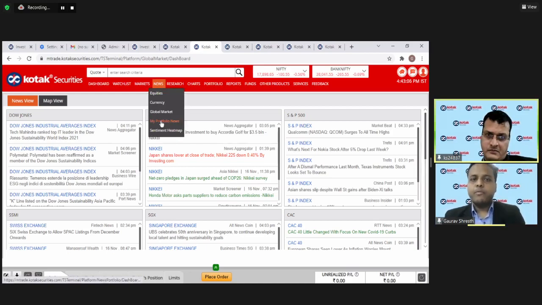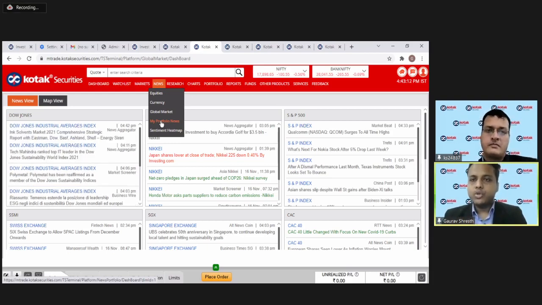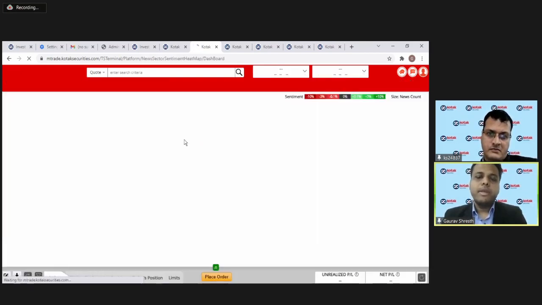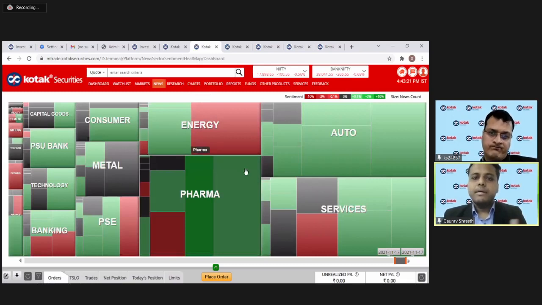Under the My Portfolio news, any news for a stock which is there in your portfolio will show up. The last is the sentiment heat map, which we have already covered in our market section. On the basis of that, any sector which is bullish will show up in green color, and the more green it is, the more bullish the sector is.